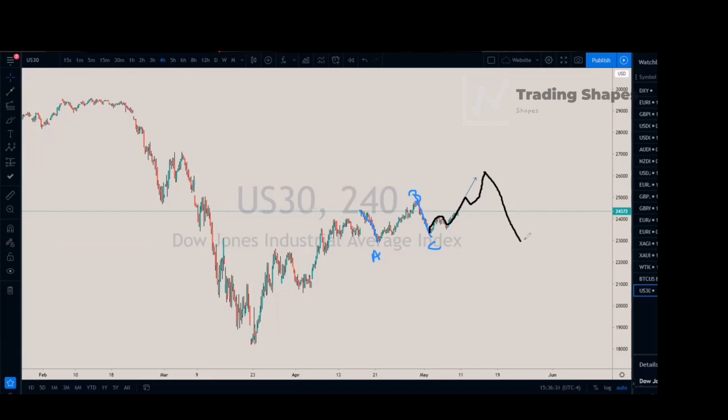This down can be an ABC or 5 waves all the way down. So anything you get around here, you can buy. They're going to convince everyone that they're moving up, and they will move up. A lot of people are shorting, a lot. So they're going to collect the liquidity that's up here.